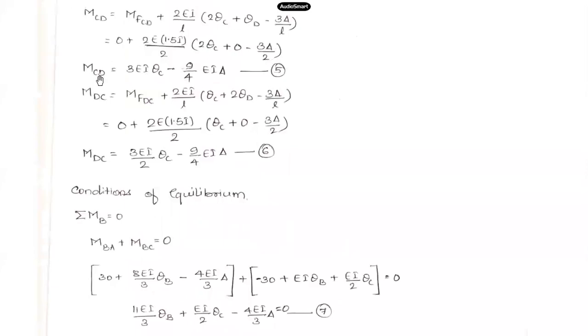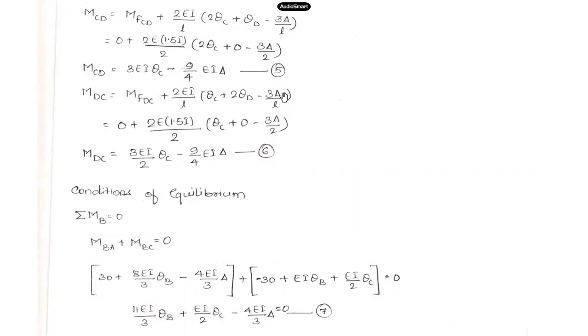Simplifying this, you get 3EI theta C minus 9 by 4 EI into delta. This is the fifth slope deflection equation, for member CD. Similarly, at joint D, the slope deflection equation is MFDC plus 2EI by L into theta C plus 2 times theta D minus 3 delta upon L. Theta D is 0, theta C will exist.